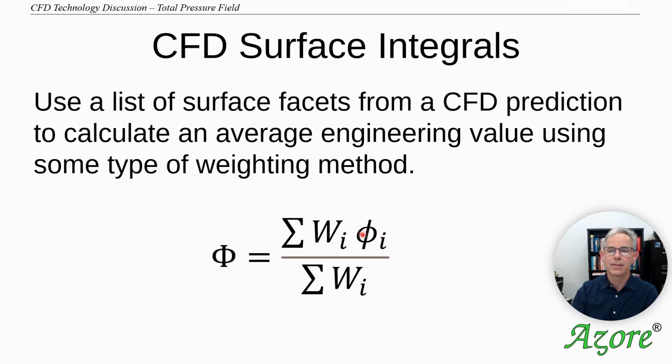So we have these discrete values on our surface, we weight them by some value, and then we get an average value. The trick is, what weighting value is the appropriate value to use for a particular quantity? How do we make a decision on what those weighting values are? Maybe we should just take a quick look at that first.